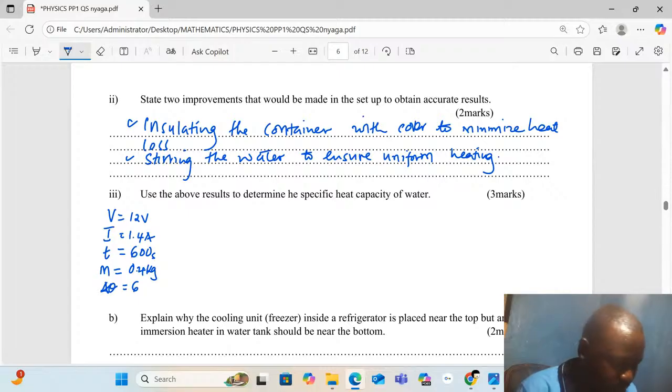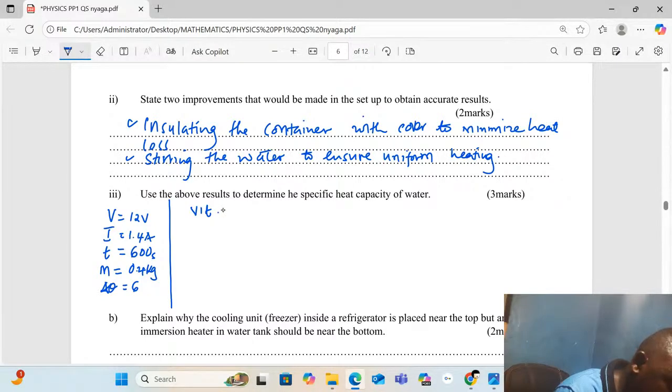Since this is the electrical method, you know that heat from electrical devices is given by power times time, which is VIT, and this is the same as mc change in theta.